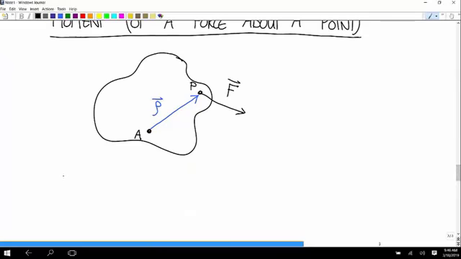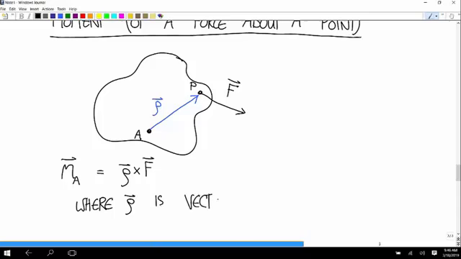Then the moment about A produced by that force F is equal to the rho vector crossed with F, where rho is a vector from the about point to the point where the force is applied.